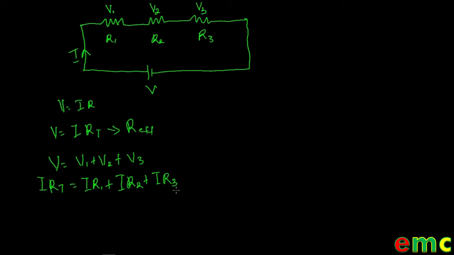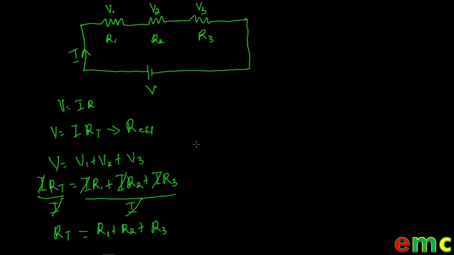Dividing through by the current, since we have the same magnitude of current flowing through all of them, this is going to take out each of the currents. So that means the total resistance of the circuit is equal to the first resistance plus the second resistance plus the third resistance.